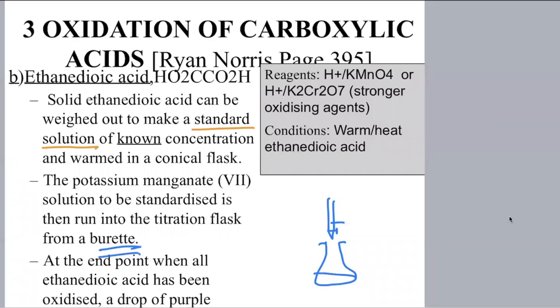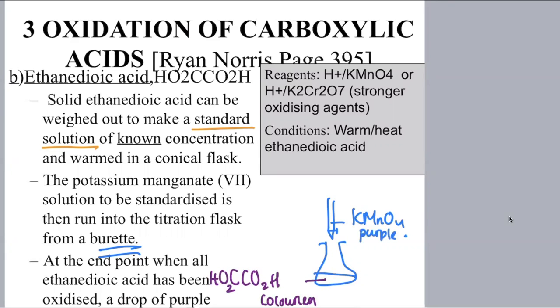So potassium manganate is in the burette, and you have your ethandioic acid, HO2CCO2H, in the flask. And you know that ethandioic acid is colorless, and the potassium manganate is purple.